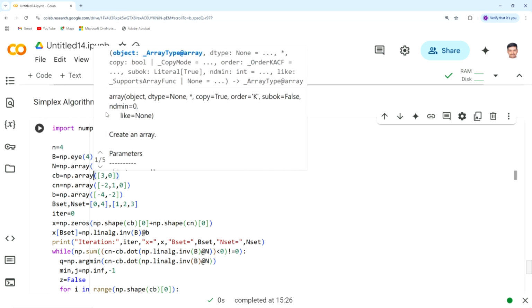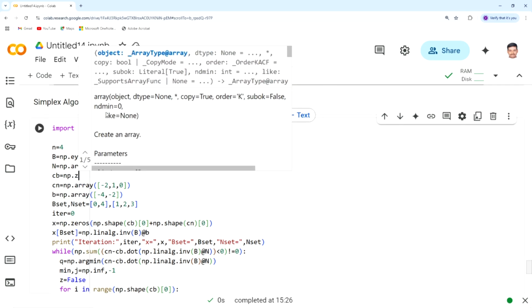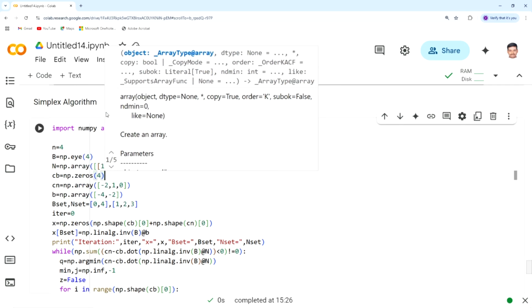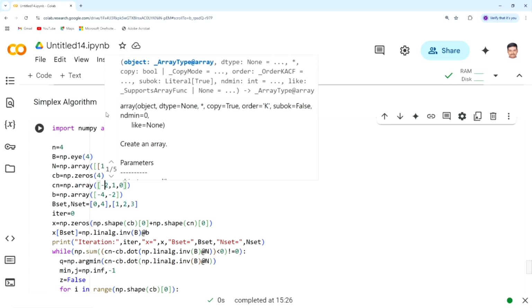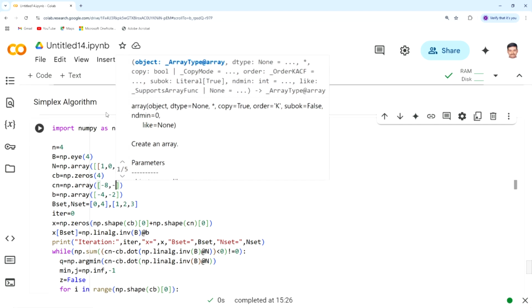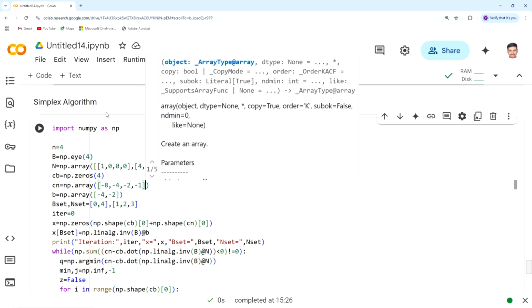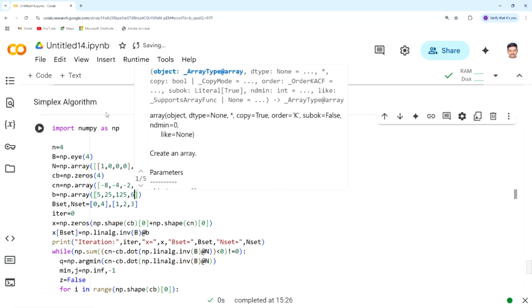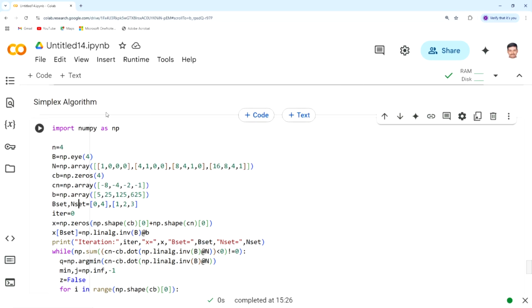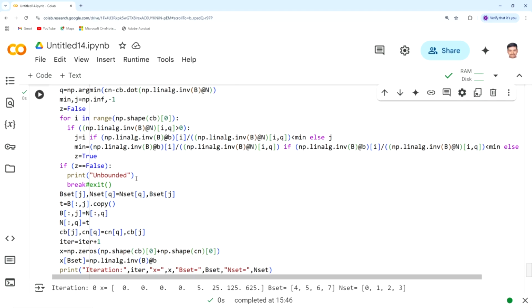And CB is just zeros of 4, but Cn is minus 8, minus 4, minus 2, minus 1, and little b, if you recall, is 5, 25, 125 and 625, and the B set is 4, 5, 6, 7, and the N set is 0, 1, 2, 3.